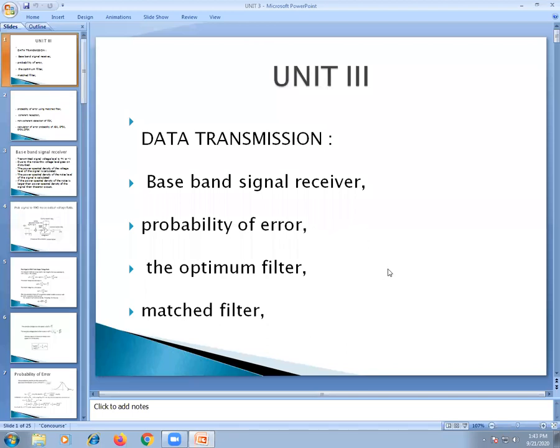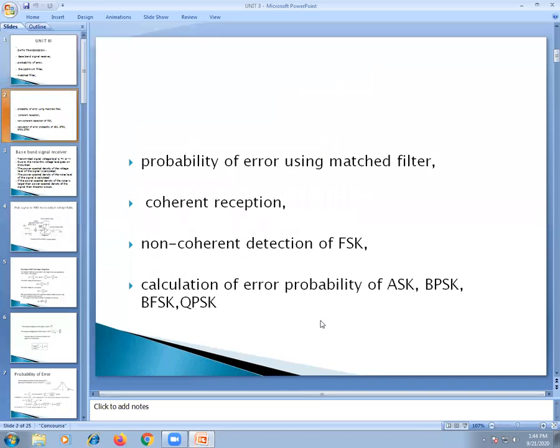P naught of t whole square by sigma naught square is equal to 2k by eta, integral 0 to t, S1 of t minus S2 of t dt. That is the optimum filter. Where the factor is maximum, that is nothing but the matched filter. Okay. Now go for probability of error of the matched filter.